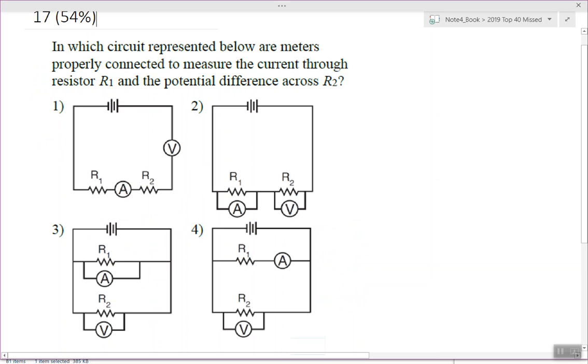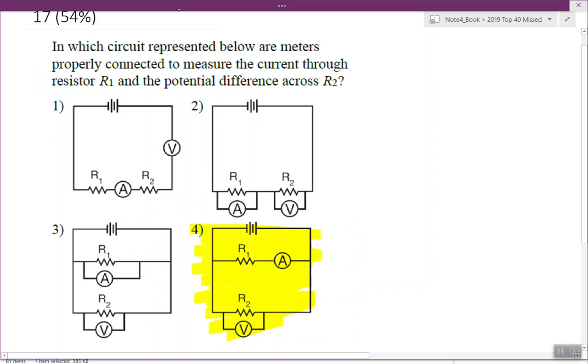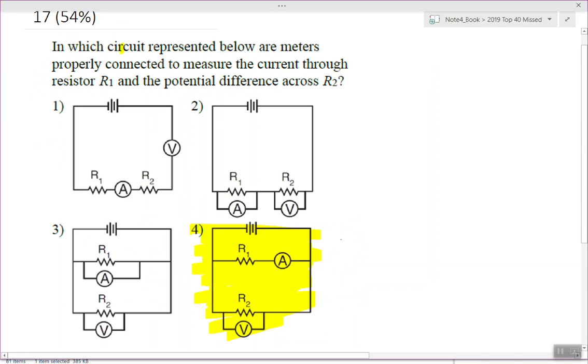Question 17. The thing is that ammeters measure the current through them and voltmeters measure the voltage across them. That means that ammeters are always going to be connected in series with what they're measuring, and voltmeters are always going to be connected in parallel.